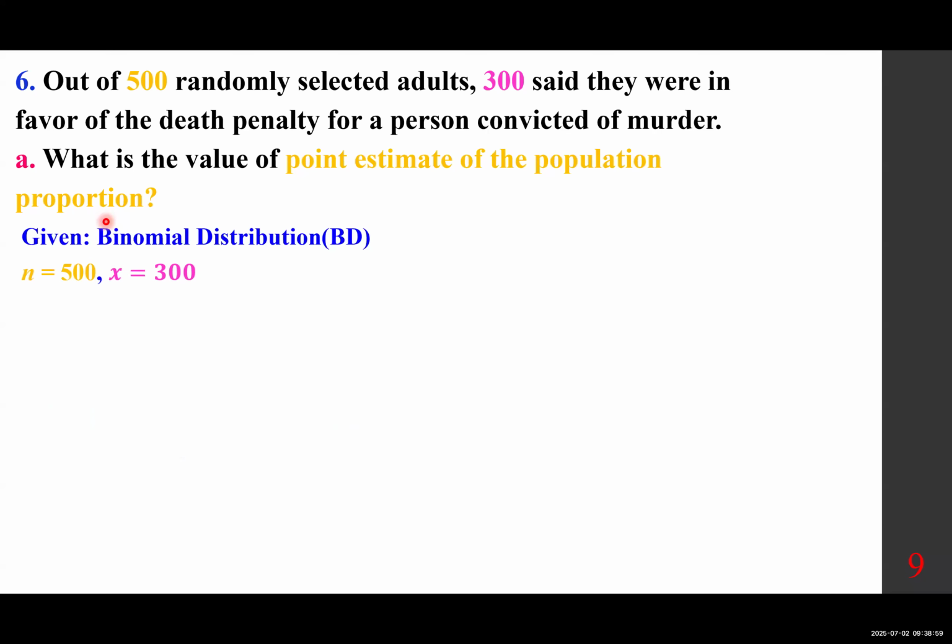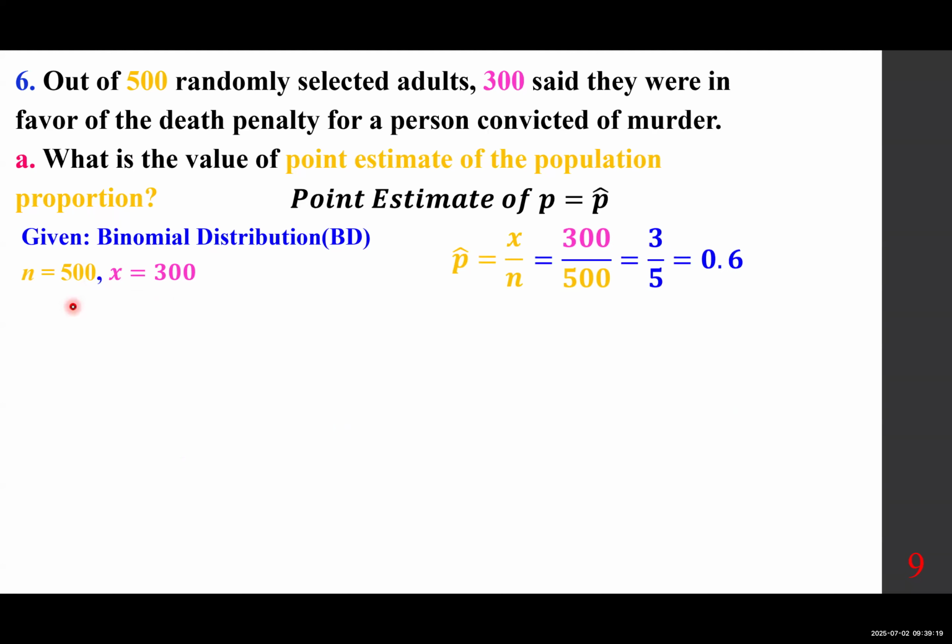Okay. So given you're dealing with the binomial distribution, N is 500 and X is 300. Point estimate of p is p hat. As you know, p hat has the formula X over N. So 300 over 500, and you change it to 3 over 5 or 0.6.